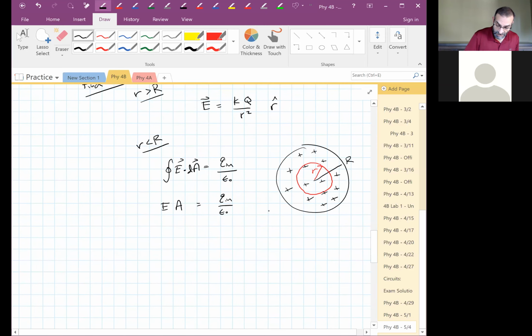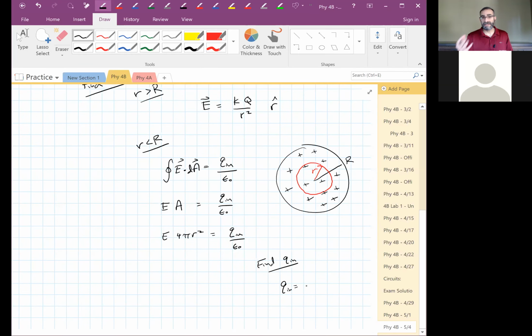And what is the surface area of a sphere? 4 pi r squared. Now all we need to do is figure out how much of that charge is inside of the red Gaussian sphere that I drew. We know the total charge is capital Q. So I need to find, however you like to think of it, you can take a ratio of the volumes and multiply it by the total charge.